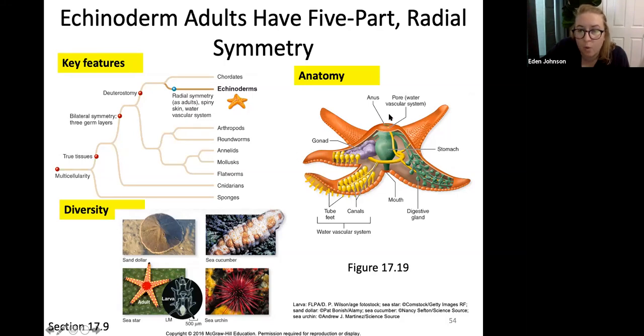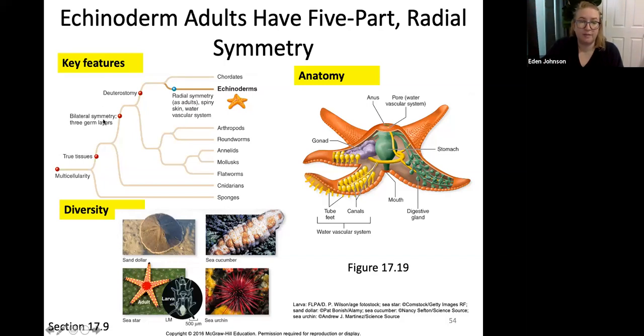And then you've got the pore where it shoots out. Like we said, sand dollar, sea cucumber, sea star, and sea urchins. They're deuterostomes, meaning that the anus is formed first, and the mouth is formed second.